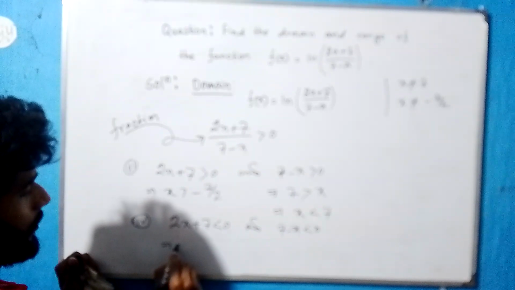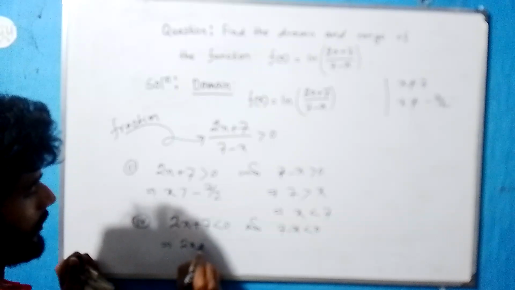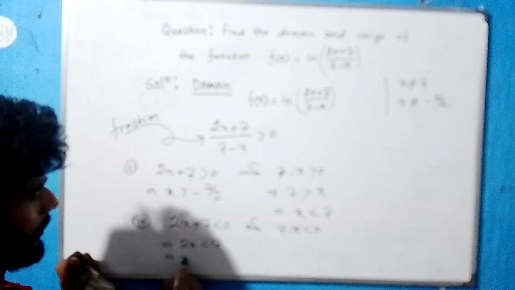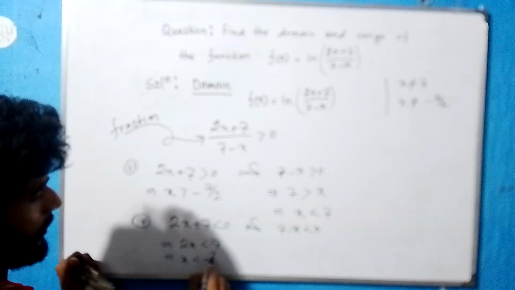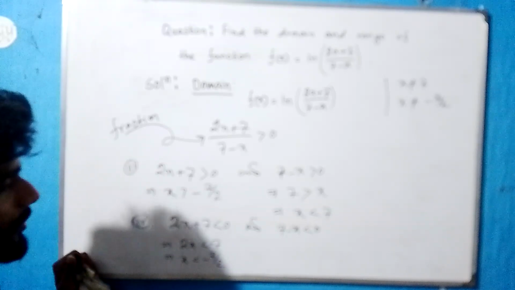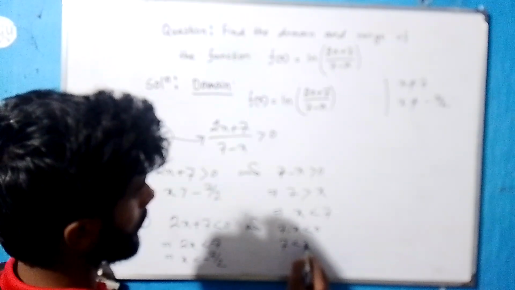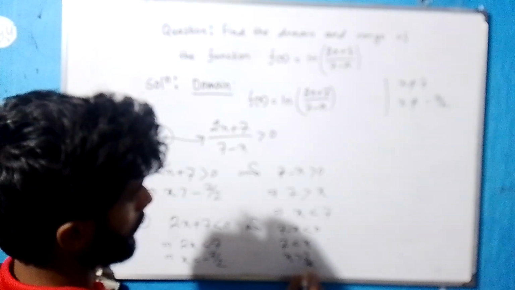So 2x is less than minus 7, and x is less than minus 7 by 2, and then 7 less than x, and x greater than 7, right?